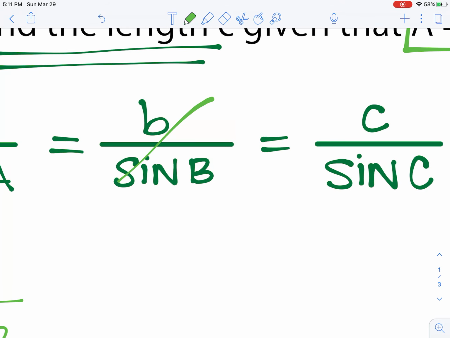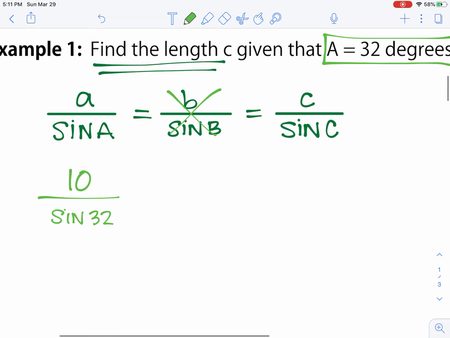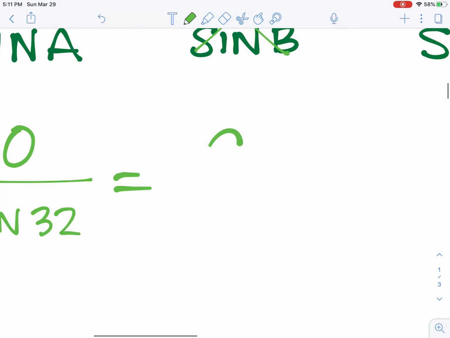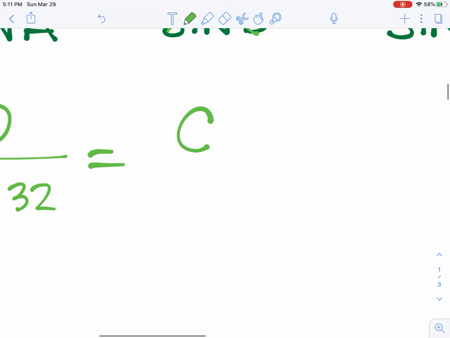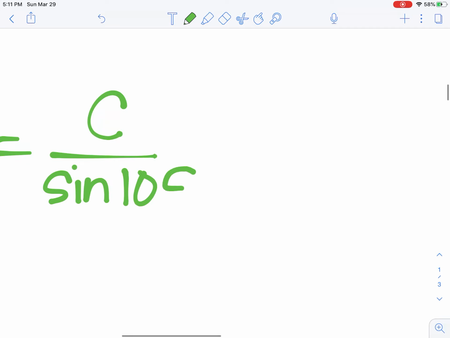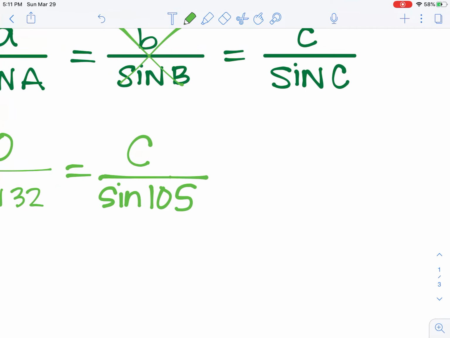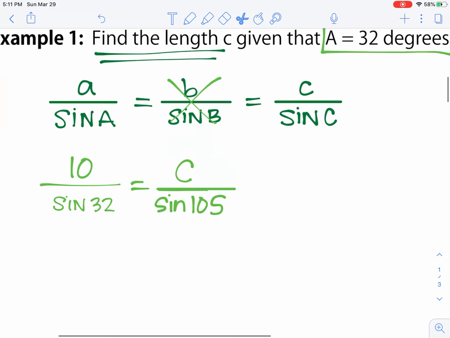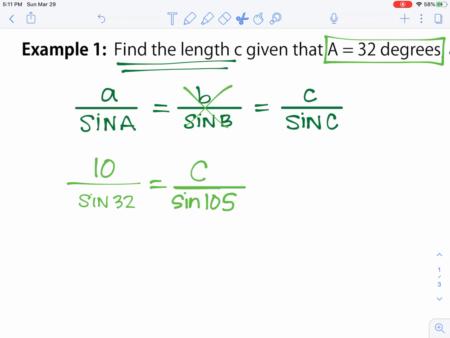We don't have any information for B, so I'm going to assume the other item here that we're going to use is our C information. We don't know C, that's what we're trying to find. But we do know angle C, which is 105 degrees. All right, so there's our choose two. We chose our A's and our C's.